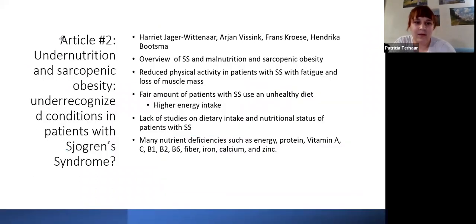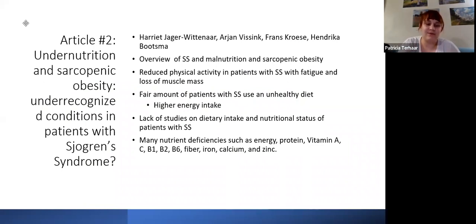The second article that I looked at while researching was talking about undernutrition and sarcopenic obesity as under-recognized conditions in patients with Sjögren's syndrome. They did a basic overview of Sjögren's syndrome and malnutrition and sarcopenic obesity.